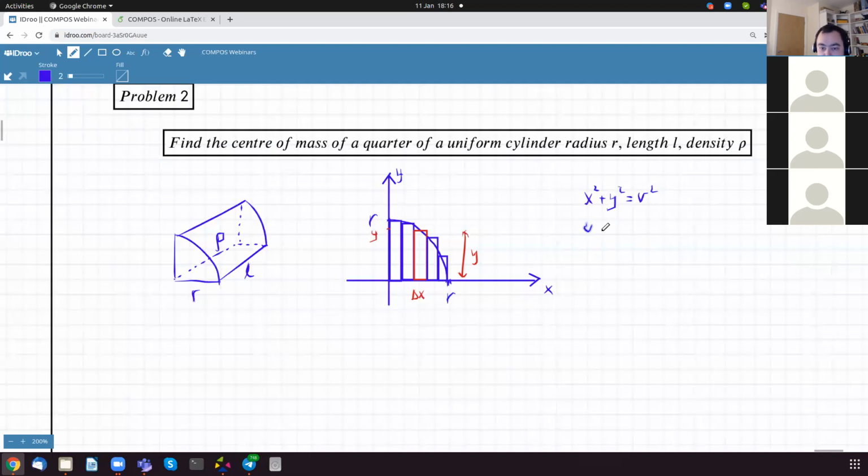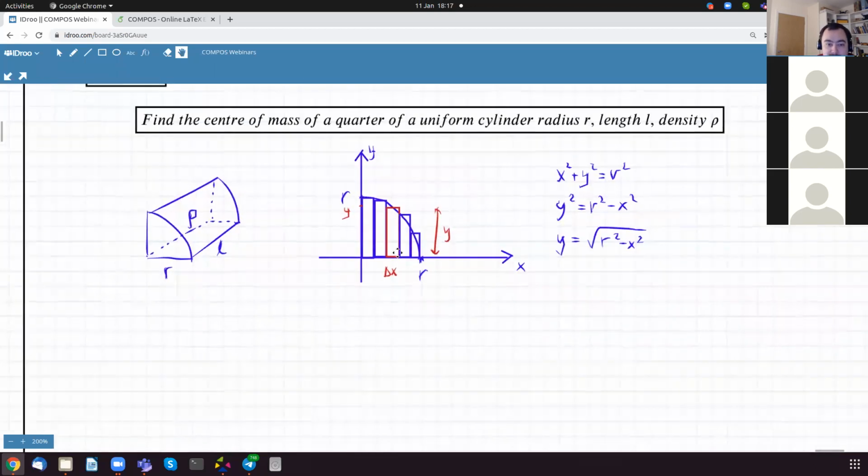From here, y squared is equal to r squared minus x squared, so y is equal to the square root of r squared minus x squared. Of course, y is plus or minus the square root, but because we see from the graph that y is positive, we choose the positive side, so we don't have to worry about the negative part. That is y, the height of the rectangle.